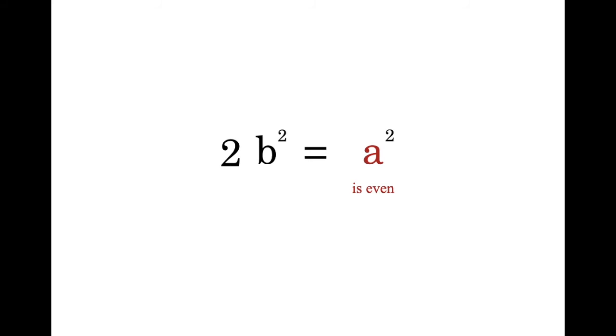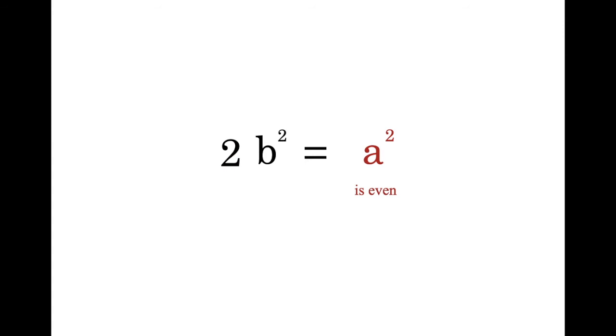We started by saying that both a and b are integers, so we know b is an integer. We also know that any integer squared is also an integer, so b squared is an integer. And since 2 times any integer is an even number, 2 times b squared is even. And if the left-hand side of the equation is even, then the right-hand side must be even too.